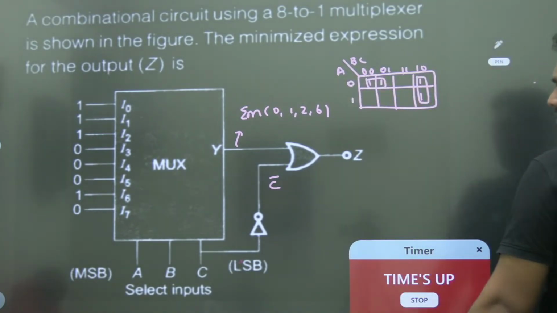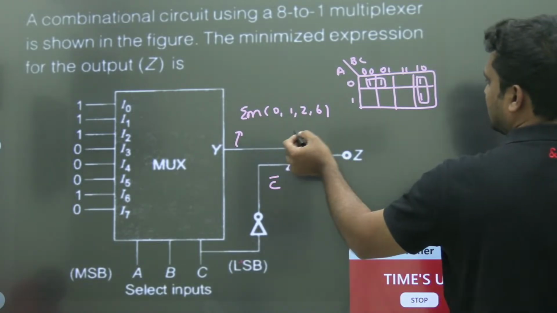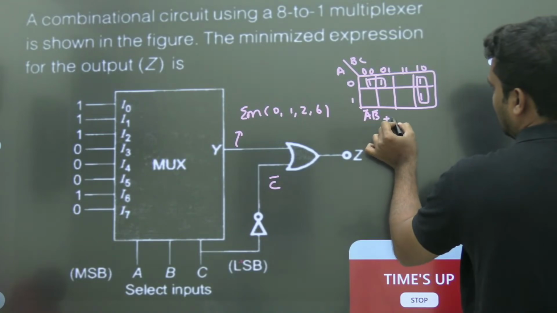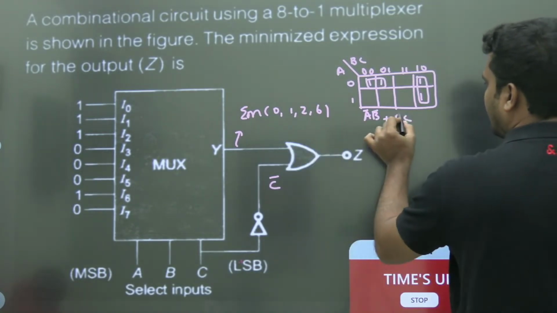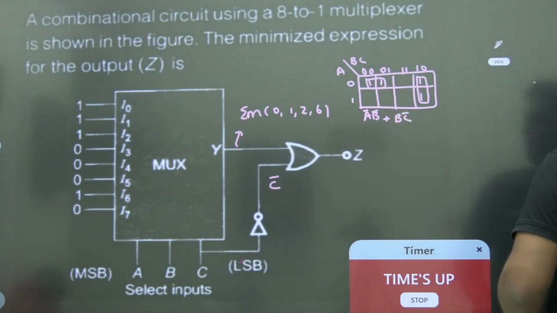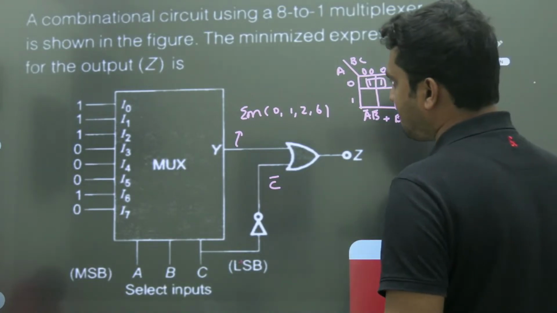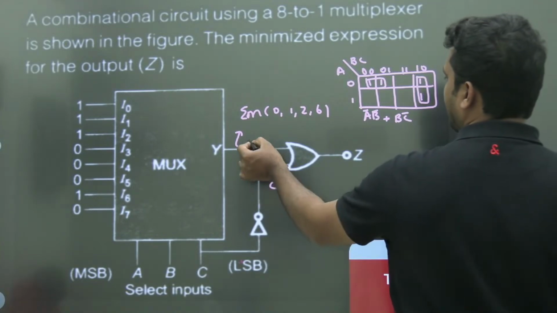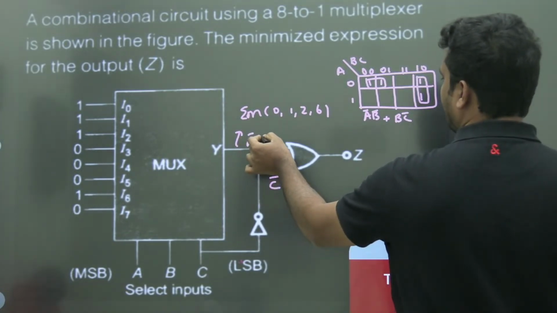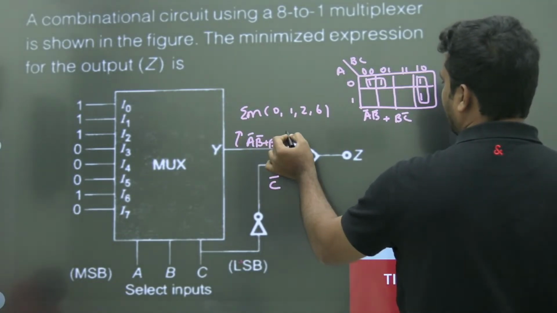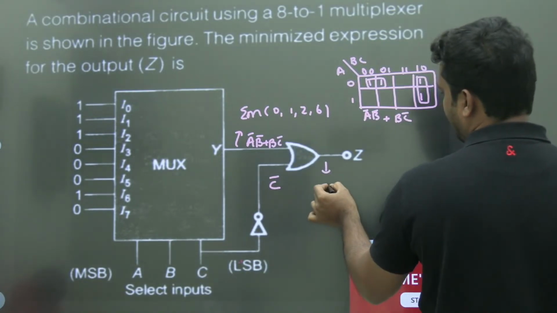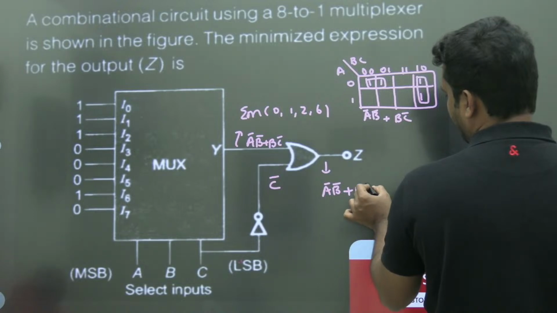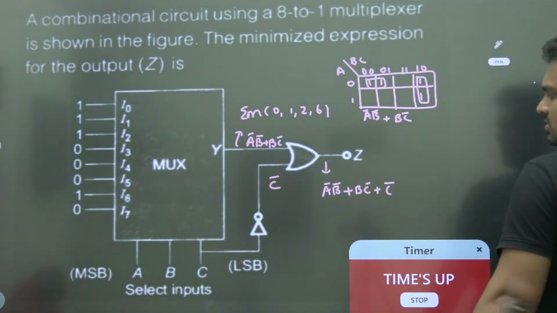Two pairs are coming. What is this expression given by? A bar B bar plus BC bar plus C bar.